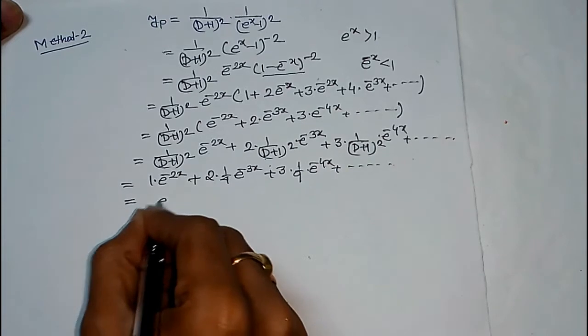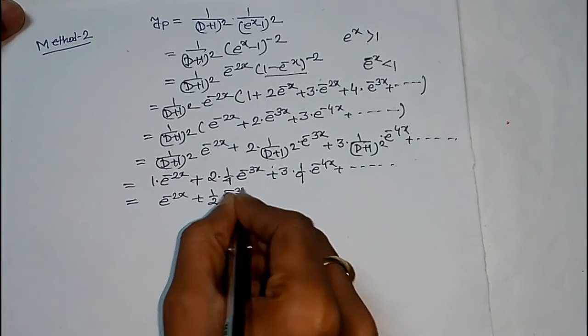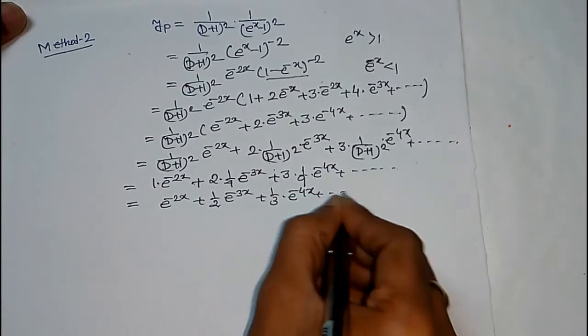So which is equal to e to the power minus 2x plus half into e to the power minus 3x plus 1/3 into e to the power minus 4x up to infinity.